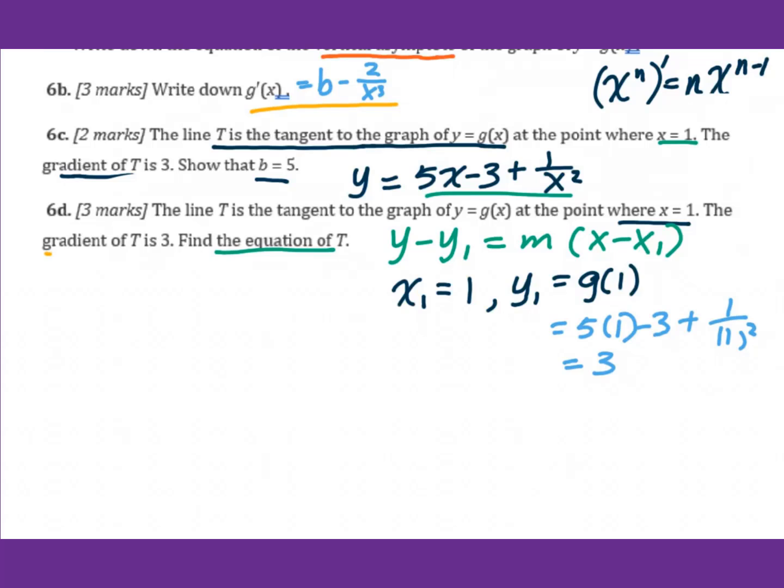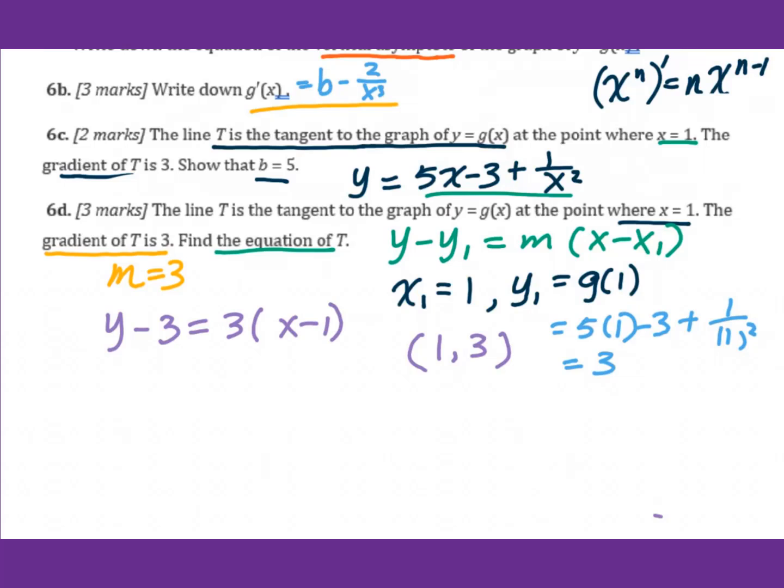The gradient of t equals 3, which means the slope equals 3. Therefore, you will get y minus 3 equals 3 times x minus 1, because x1 is 1 and y1 is 3. This will be the solution to 6d.